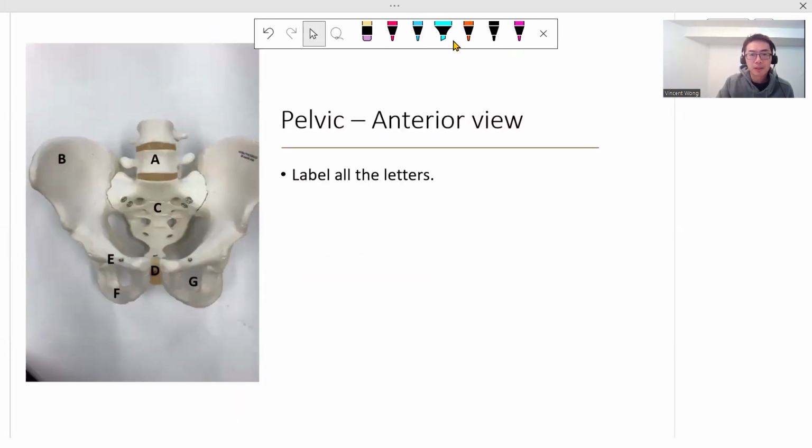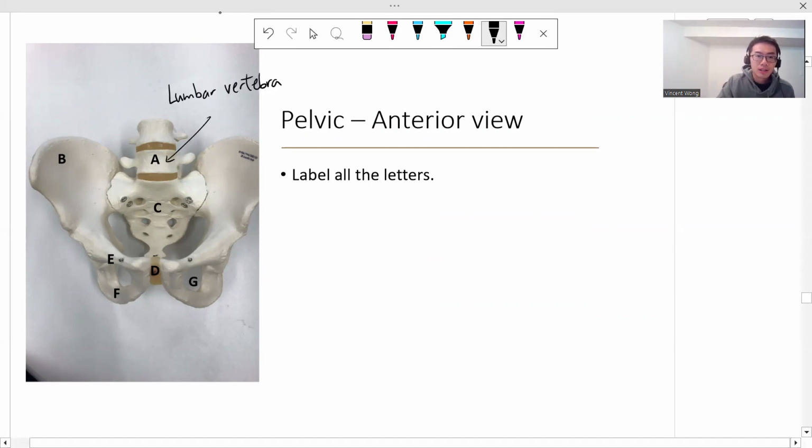Pelvic region now, starting with, well, let's just do A first. A is just a lumbar vertebra. You know, L1 to L5. This one is the last one, so it's L5 actually.